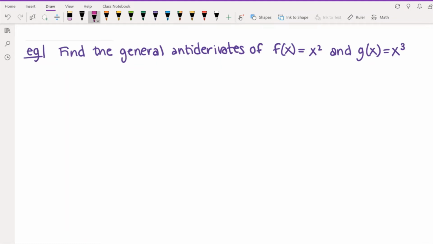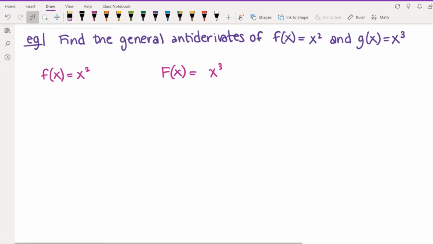If I were learning this for the first time, and trying to guess what the antiderivative was, I think a reasonable first guess might be x cubed, because we know how the power rule works. We know that when you take the derivative of a function, you bring down the exponent and subtract 1 from it. So let's check that and see what happens.